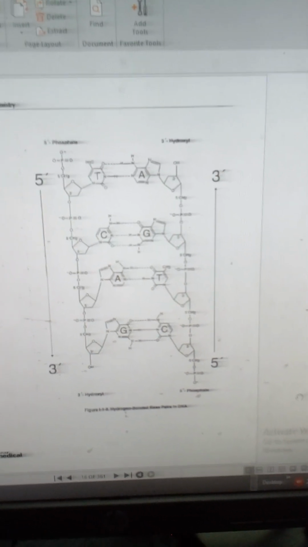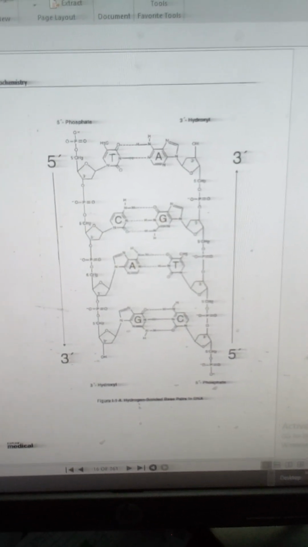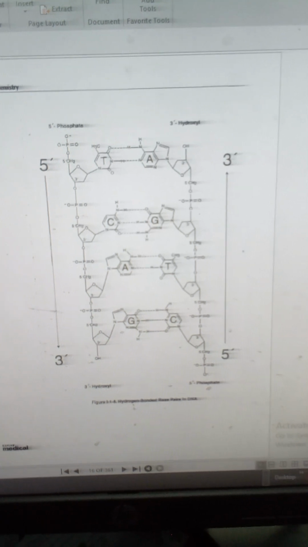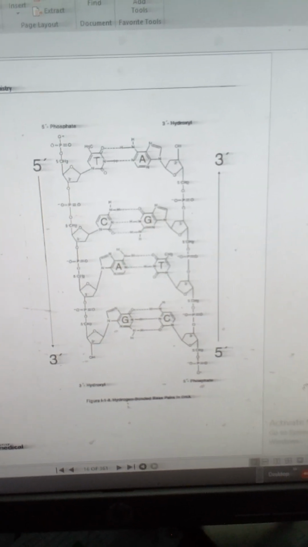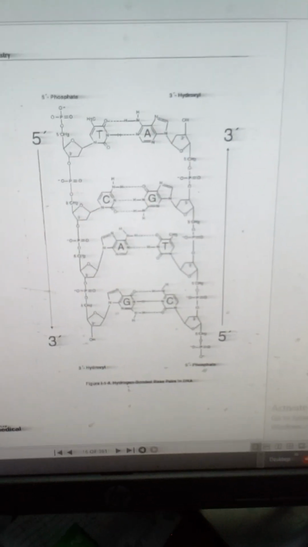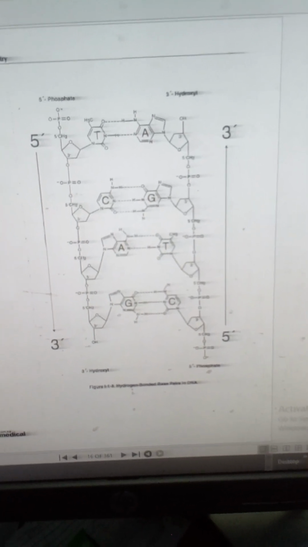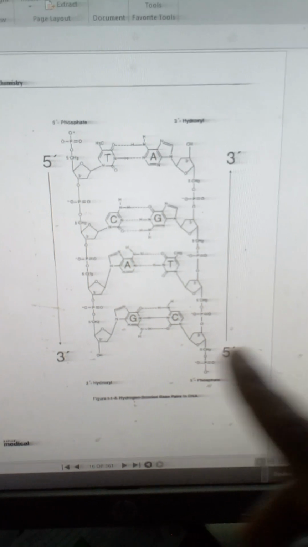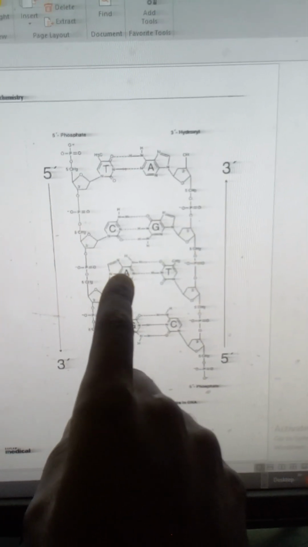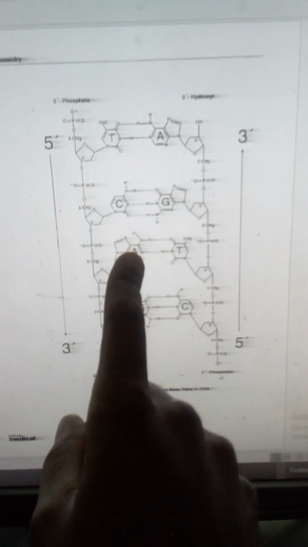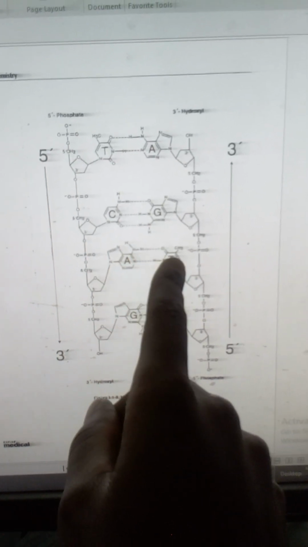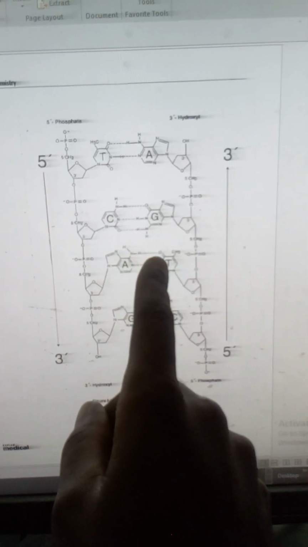Secondly, the two strands are complementary. By complementary, we mean that adenine, for example, will always pair with thymine, as you can see.